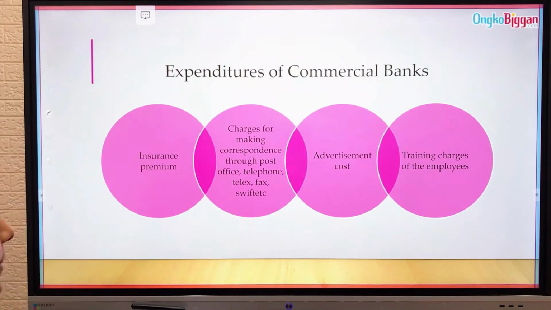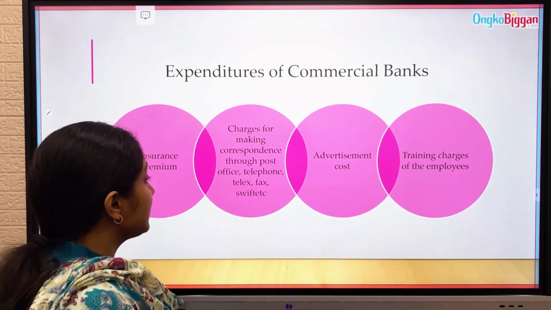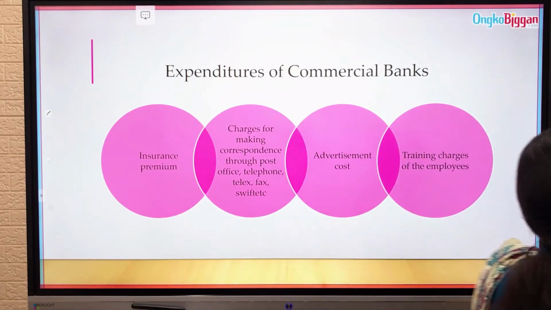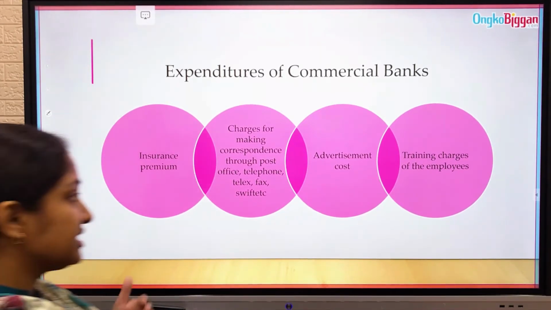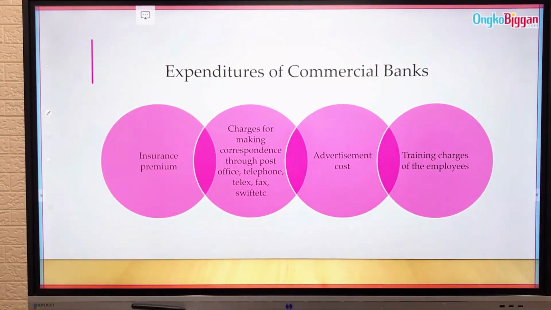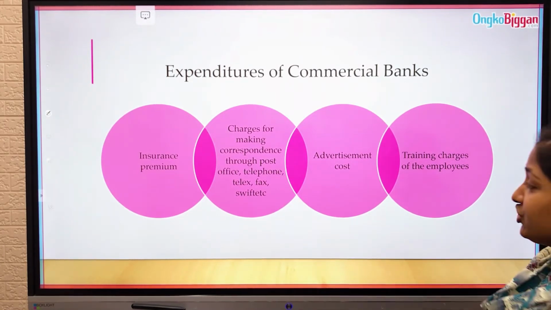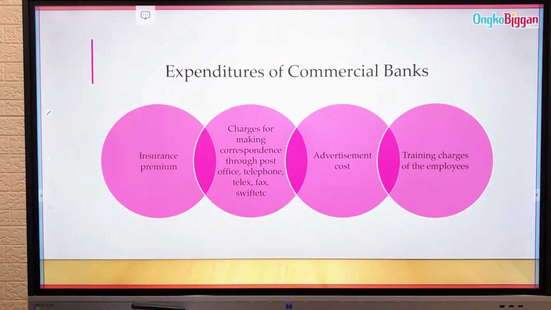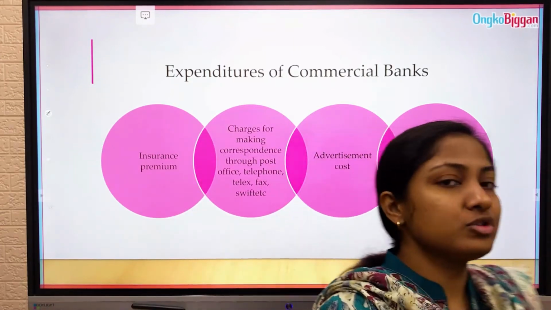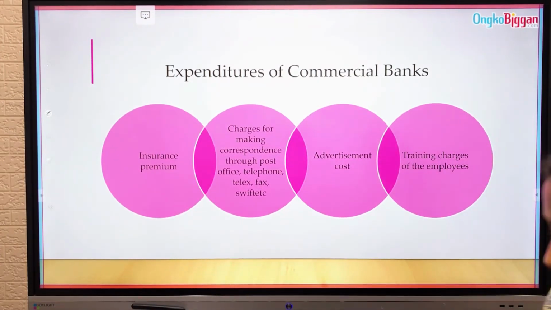Another one is charges for making correspondence through post office, telephone, telex, fax, SWIFT, etc. Since the bank works on behalf of the client and sometimes also provides services to clients, while charging fees they also have to pay for things like post office, telephone, and fax. They have to pay from their own pocket. That is why it is an expenditure of the commercial banks.